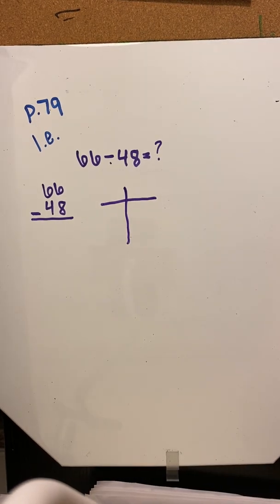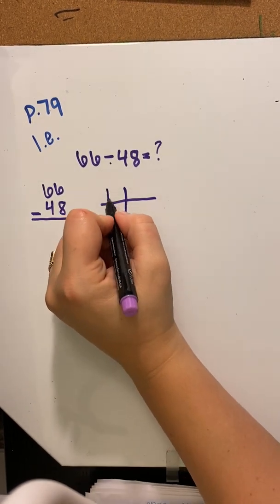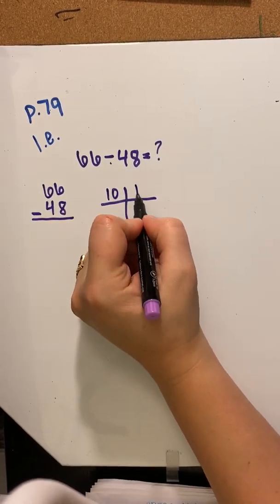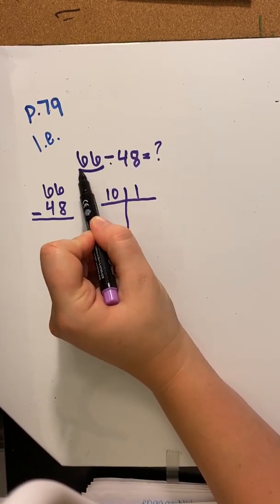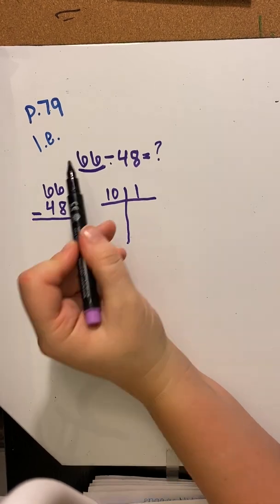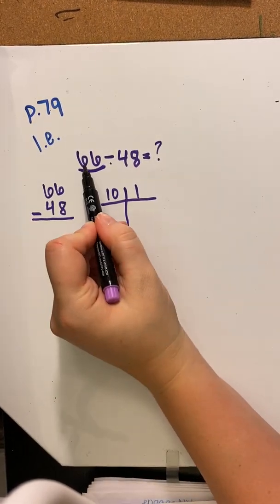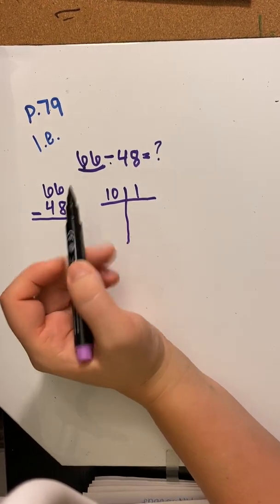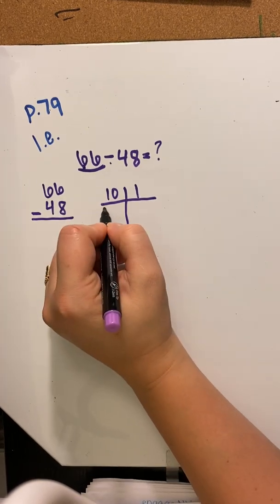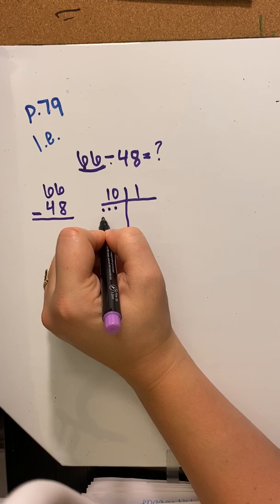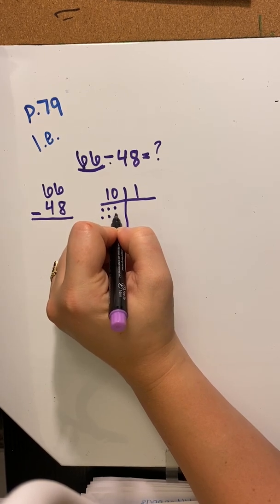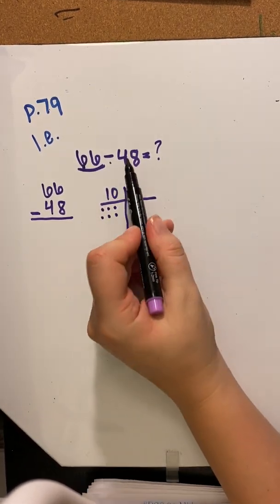Okay. So we're going to set up our place value chart. Tens, ones, good. And we're going to start with this number over here, okay? So how many tens do we have in the tens spot? We have 6. 1, 2, 3, 4, 5, 6. Great.